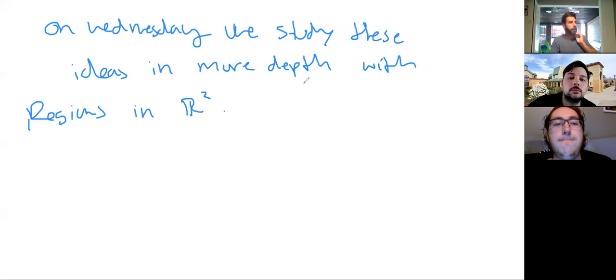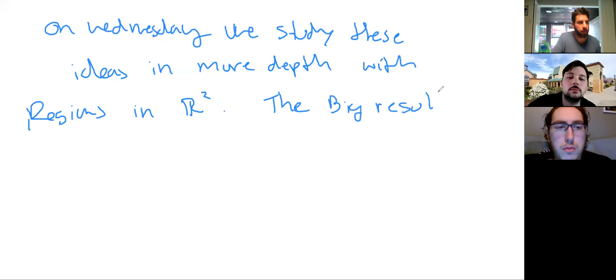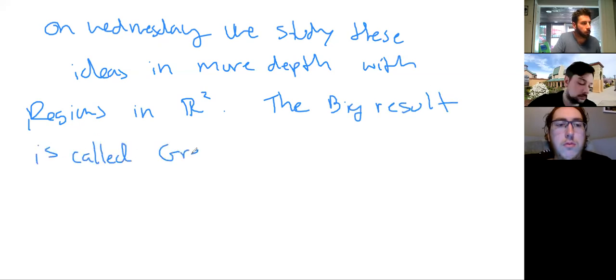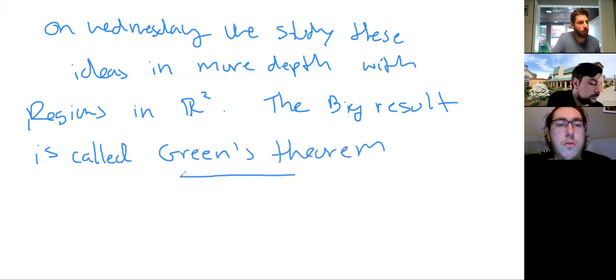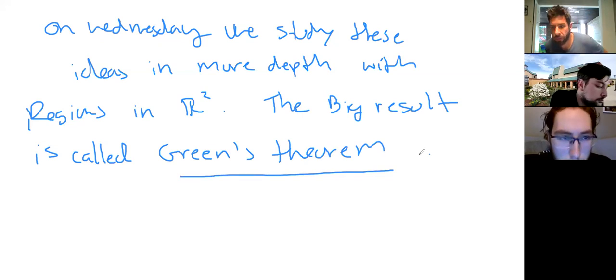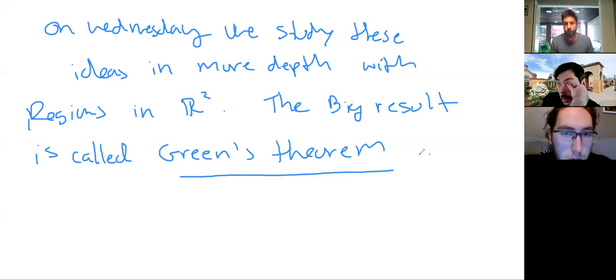If you're looking ahead, it's called Green's theorem. Green's theorem is going to relate double integrals to line integrals. And what that does is relate something to its boundary, as we've now seen a couple times.